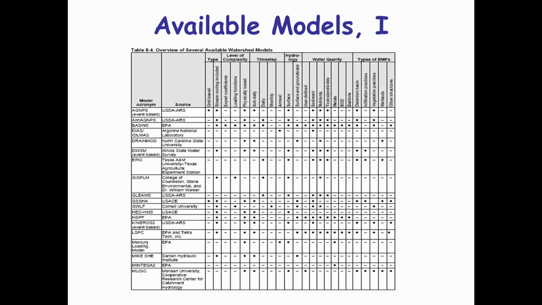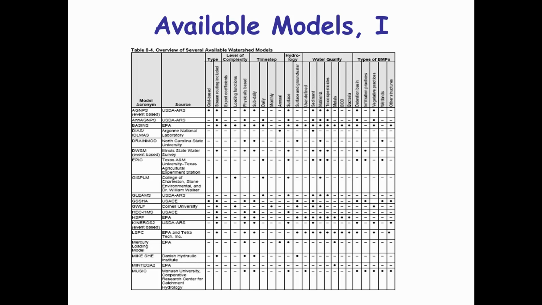So, for instance, the GISHA model is able to look at time steps on the order of 1 second. It's a grid-based model. It does very detailed stream channel flow. It uses the mechanics equations, so basically it's very fundamental in the equations that it uses for doing calculations.